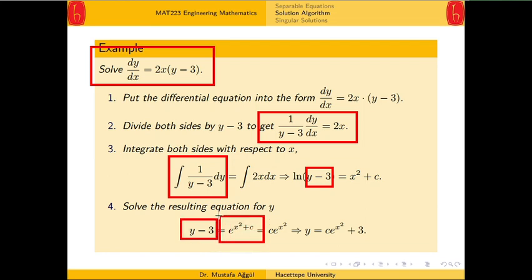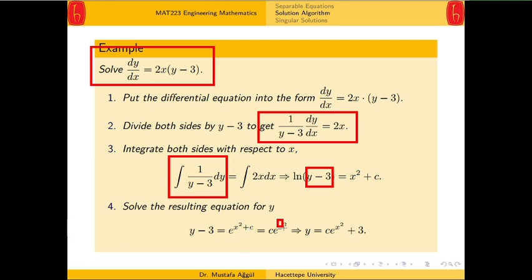The sum in the power means the product of each individual term, so this will be e to the x squared times e to the c.